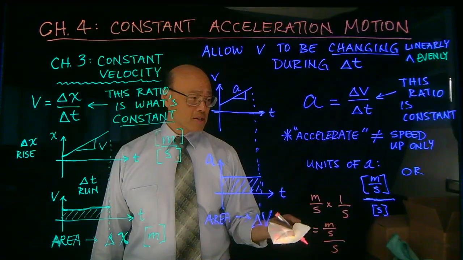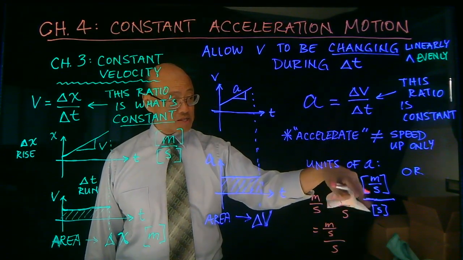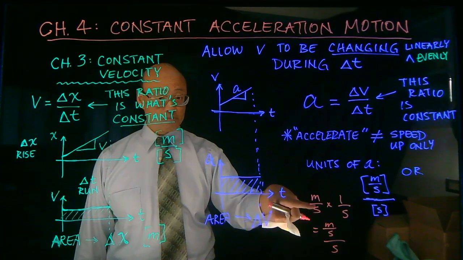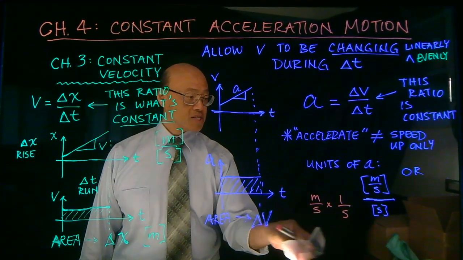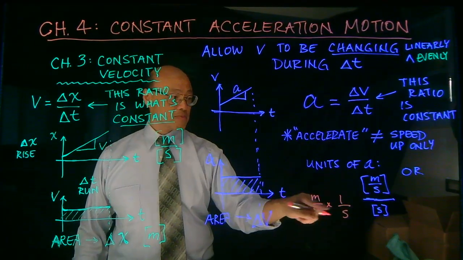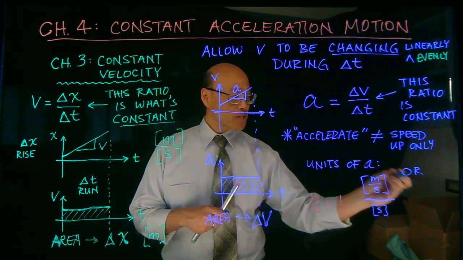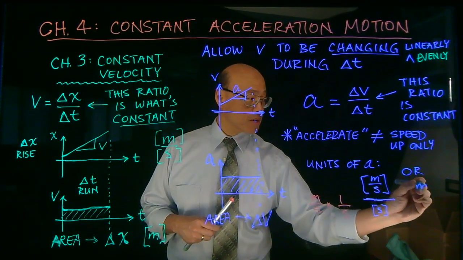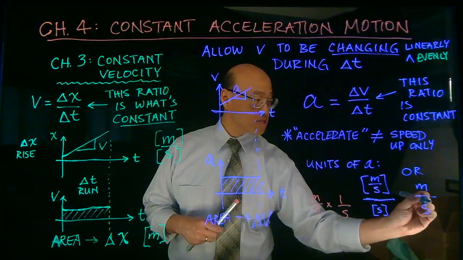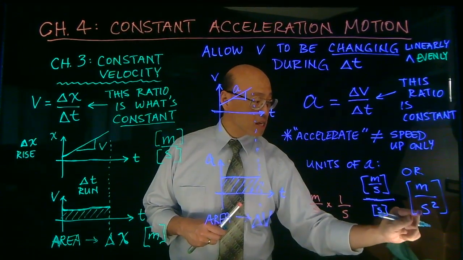That's what that looks like. And because you could rewrite this as the equivalent of this product, we see seconds on the bottom. So mathematically, or UDA-wise, this is equivalent: meters per second per second, or you could write meters per second squared, and those will mean the same thing.